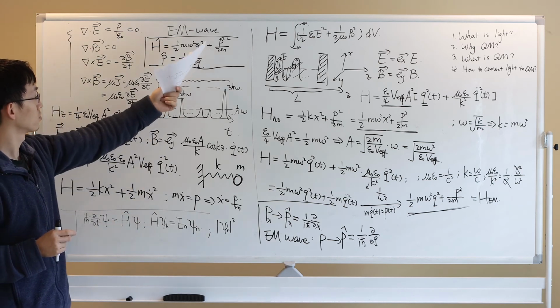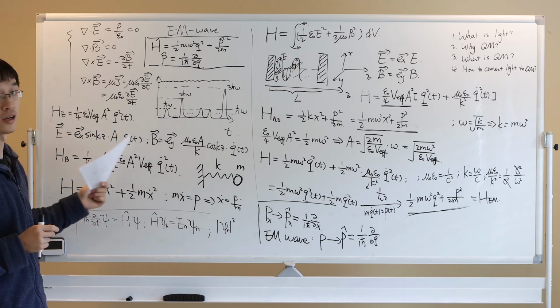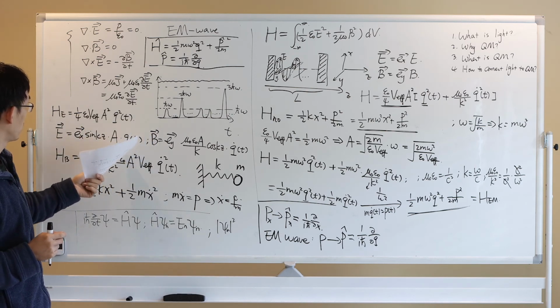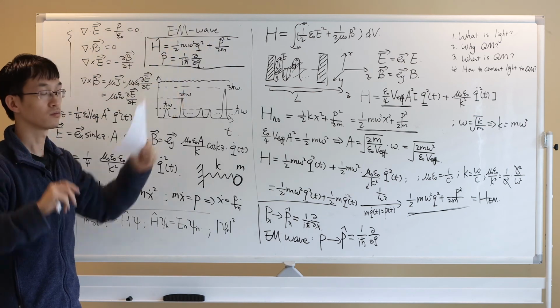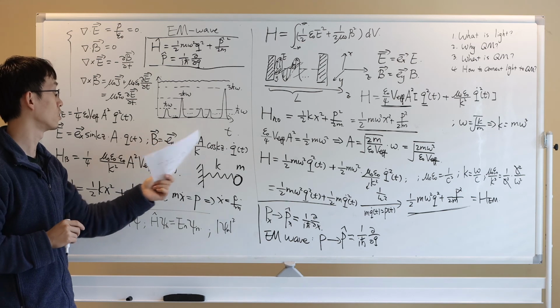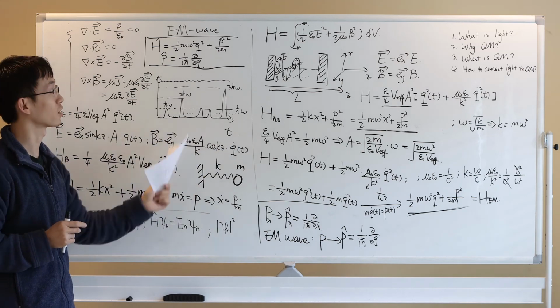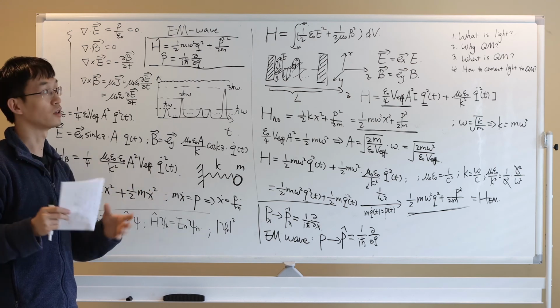So what are Q and P? Let me go back here. Q is the electrical wave; we can think about it as a component in the electrical wave. P, you can think of as momentum, but what it really is, is a component in the magnetic field. And the Hamiltonian is the energy of the EM wave.